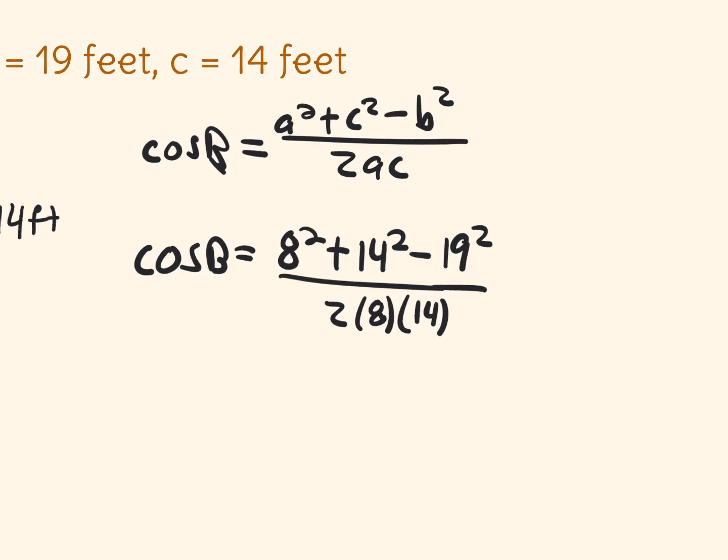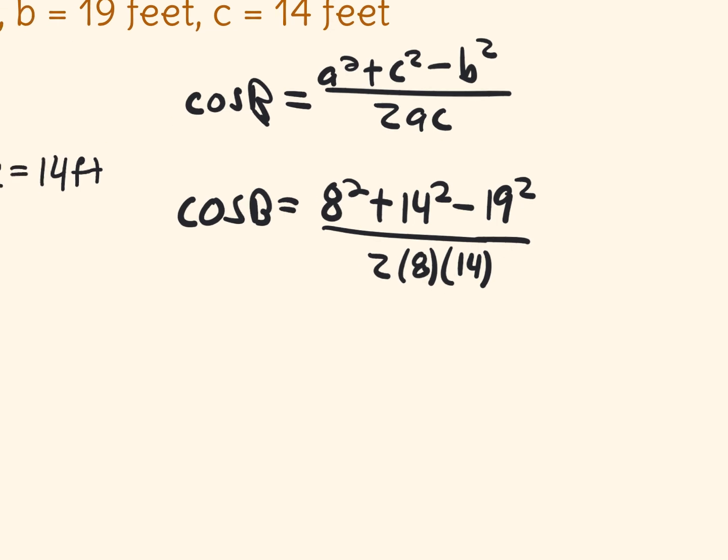All right. This is where a lot of you make mistakes. So what I would suggest to you guys, put in your calculator just the top and then put in your calculator just the bottom. So type the top part in your calculator. 8 squared plus 14 squared minus 19 squared. What does that get you?